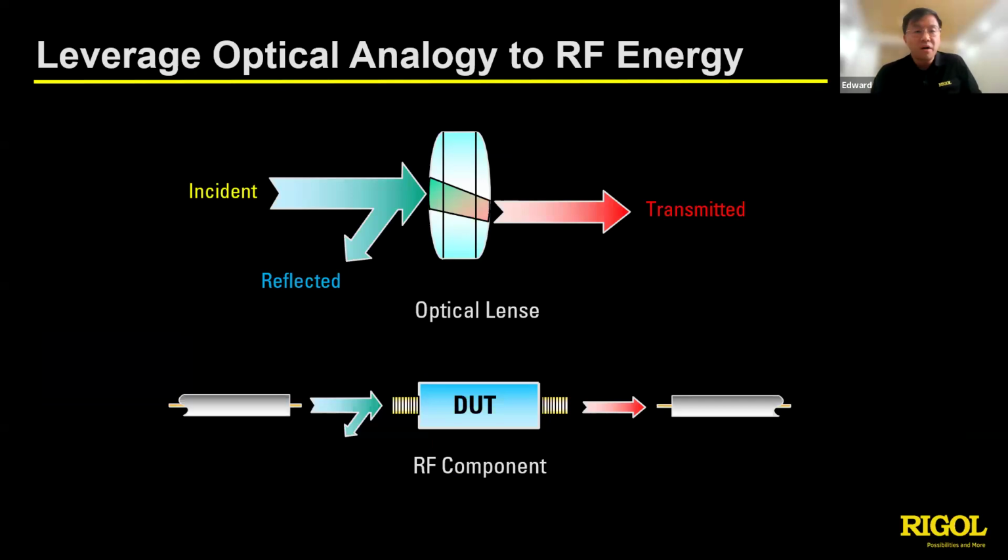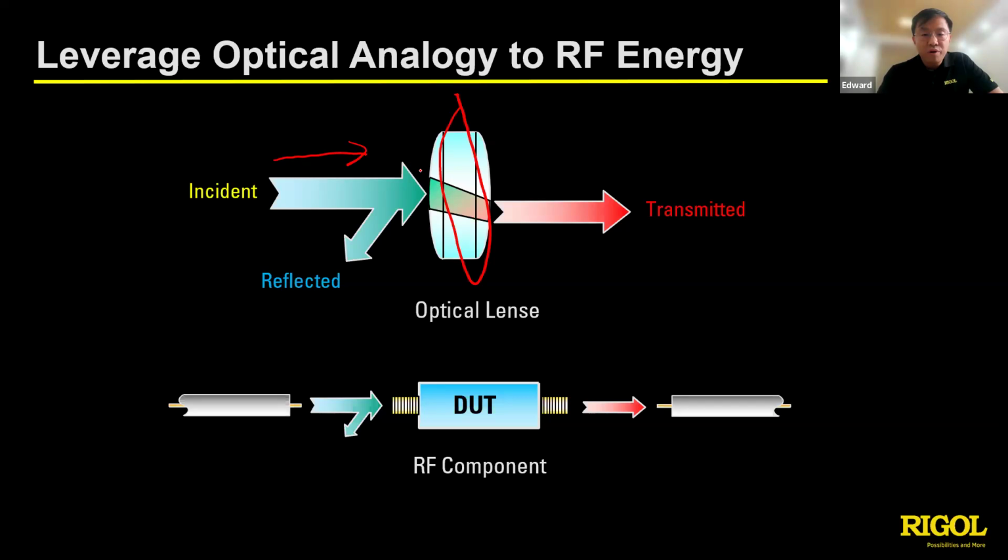So it is a basic concept, and we can draw on the basic optical analogies for RF microwave energy. It is quite the same structure. For the upper one, you can see this is an optical lens system. We send light from the lens side.